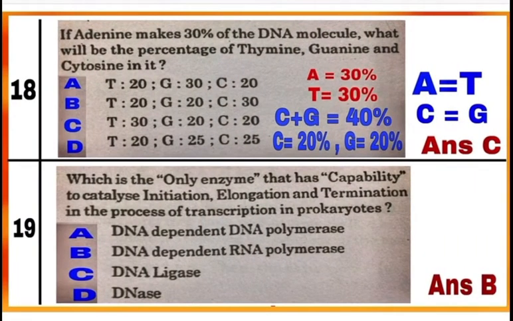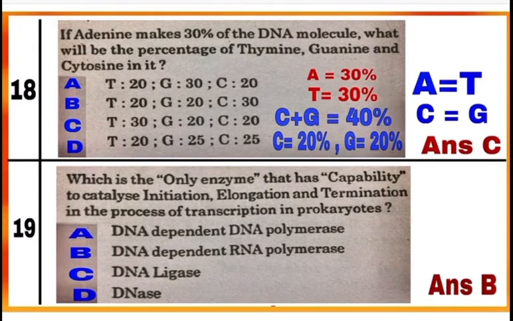Question 18. If adenine makes 30% of the DNA molecule, what will be the percentage of thymine, guanine and cytosine in it? Option C. Thymine will be 30%, guanine will be 20% and cytosine will be 20%. Check the solution to get the answer. Question 19.